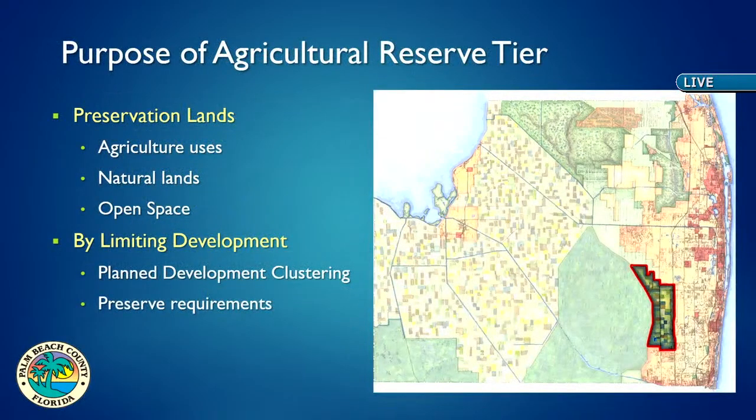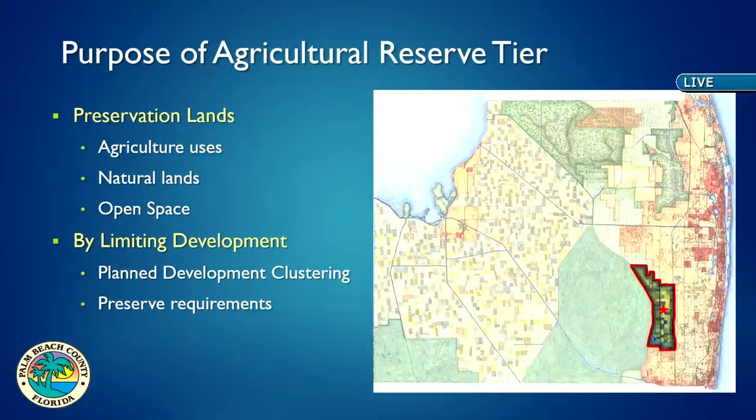So the Eternal Light Cemetery is, of course, located within the Agricultural Reserve tier, which is a unique tier consisting of approximately 22,000 acres located in the southern portion of the county between Florida's Turnpike on the east and the Arthur R. Marshall National Wildlife Refuge on the west. This tier has a specific objective and policies adopted in the county's comprehensive plan.